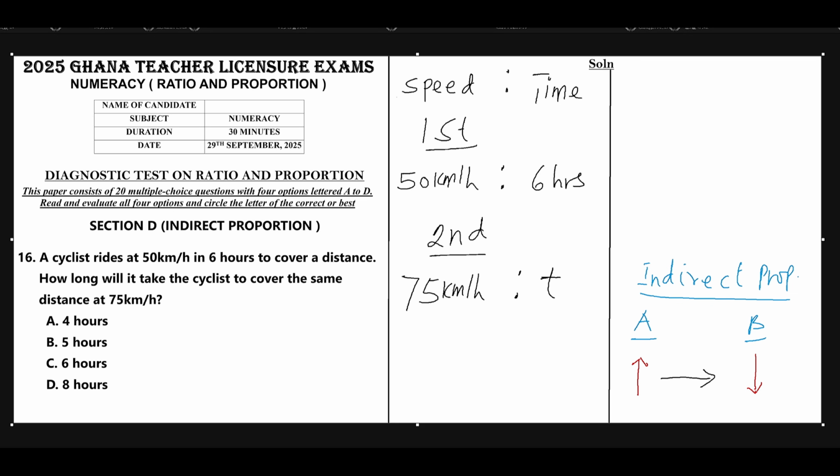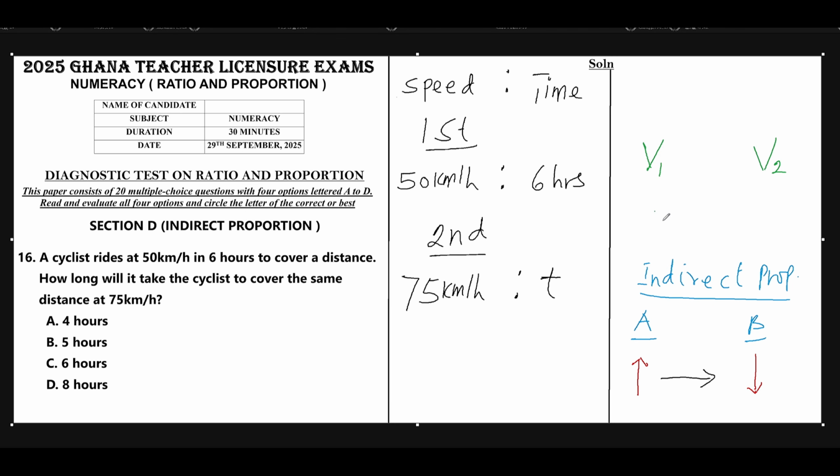So let's relate it to reality. How do these two quantities relate, speed and then time? So let's say we have two different vehicles, vehicle 1 and then vehicle 2.